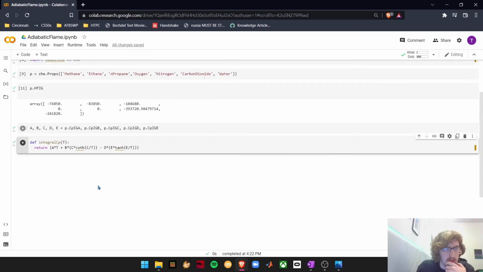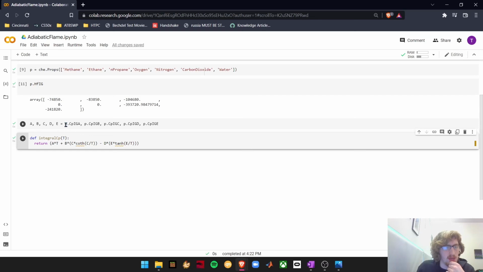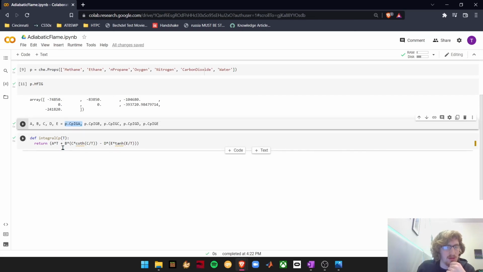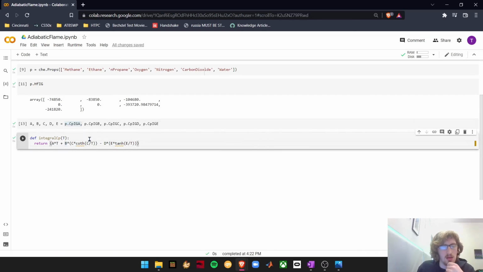Go ahead and run that. So yeah, really, we didn't have to do this, but it did save us a little bit of space down here, made it look a lot cleaner, I think, instead of having to write each of these out.